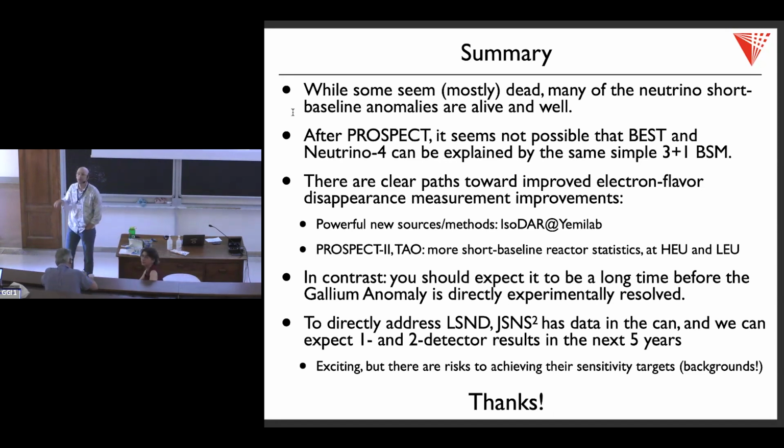On JSNS squared, you have this accidental background per spill. How is the accidental separated from the signal? Is it just energy difference? What you're doing in an inverse beta decay measurement is measuring a prompt-looking thing, like a positron, and a delayed-looking thing, which for JSNS squared is a neutron capture on gadolinium, basically a gamma cascade with 8 MeV total energy.